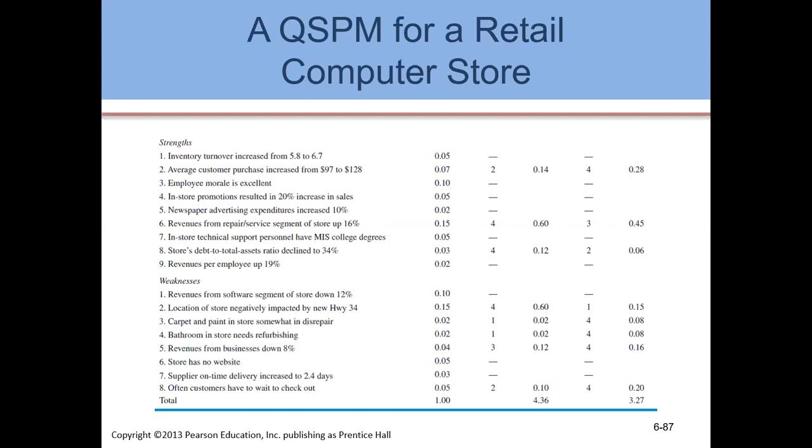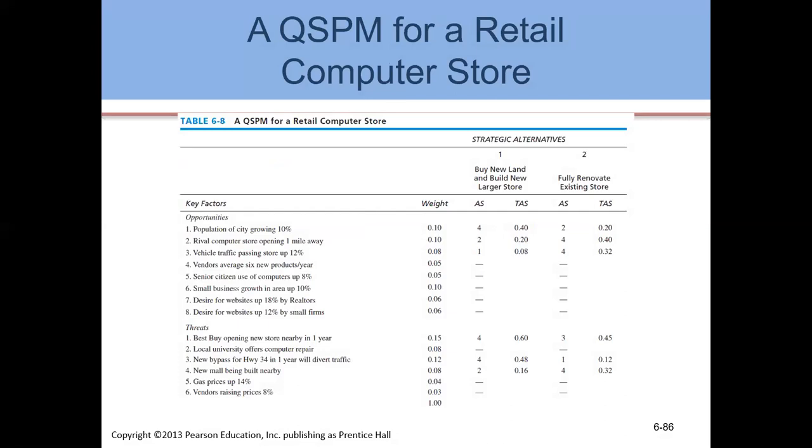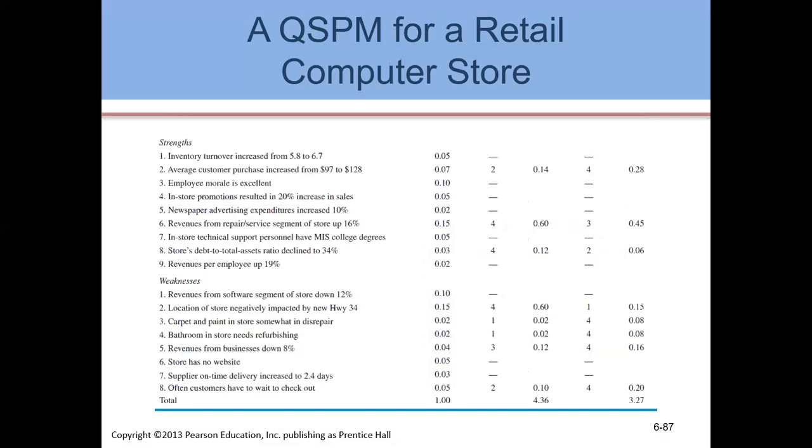In our example, 4.36 is the higher value, and it goes to the option buy new land and build new larger store, as compared to fully renovate existing store, which carries a sum total attractiveness score of 3.27.